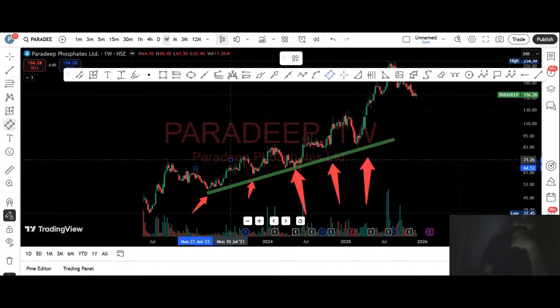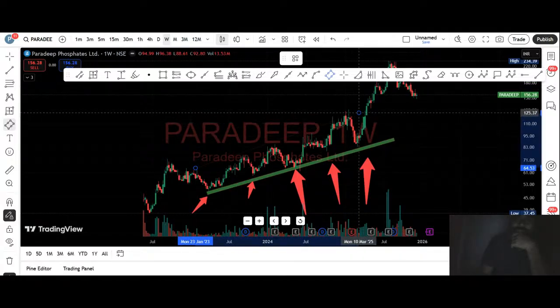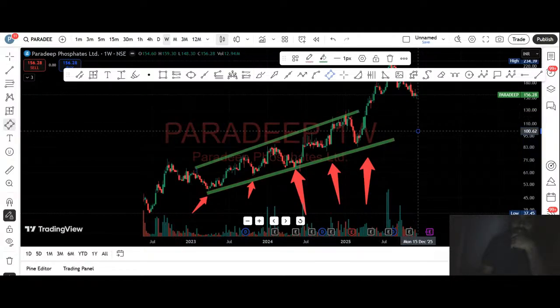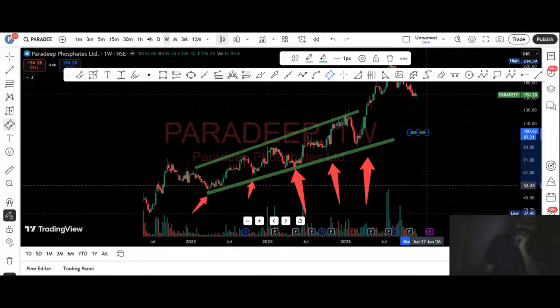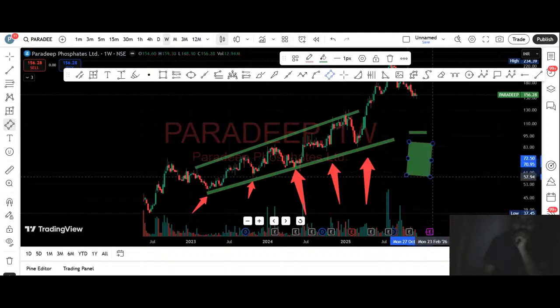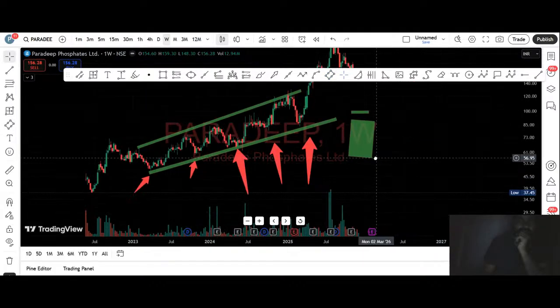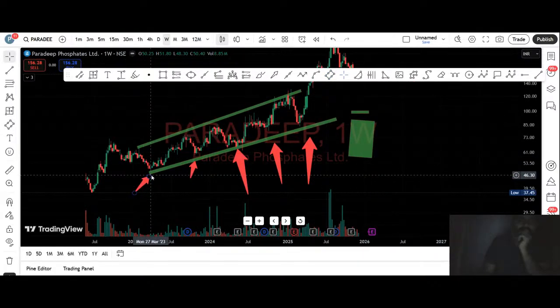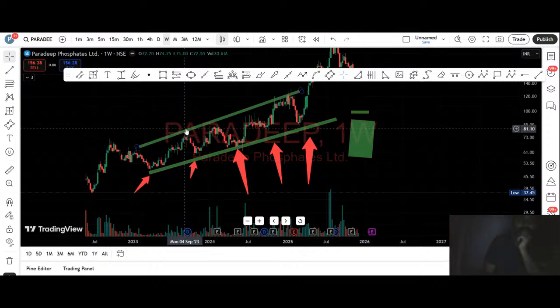Supply decreasing means... see, when the price comes here, demand is increasing and it has gone up.